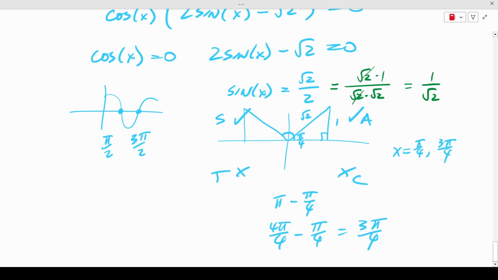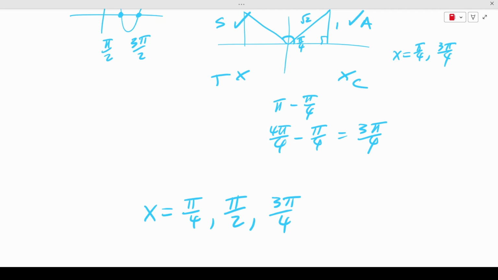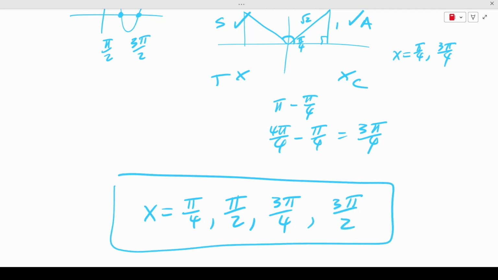Well, I just bring it all together now, and I always try to write them in numerical order. X starts with, I guess, pi over 4 as the smallest, then pi over 2 is the next, then 3 pi over 4, and then 3 pi over 2. There we are. Those are the values for x that work.